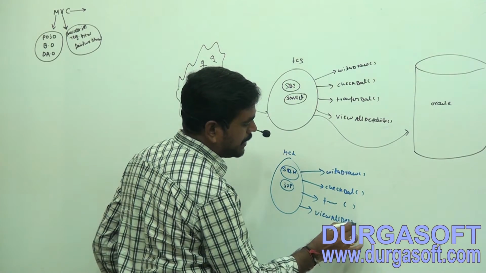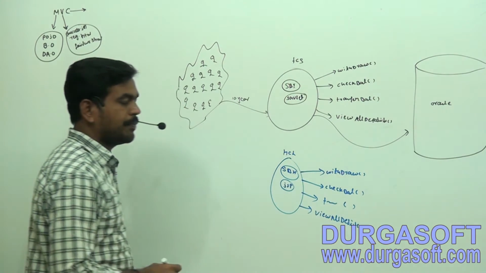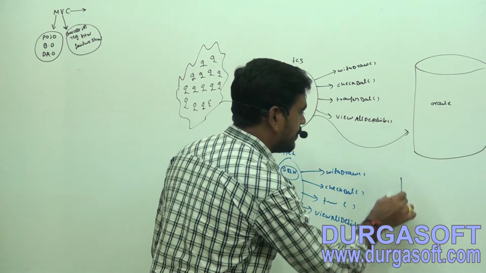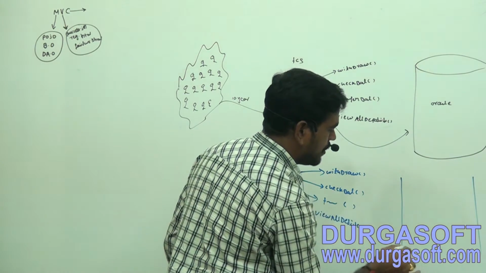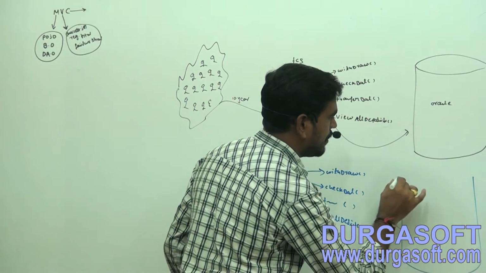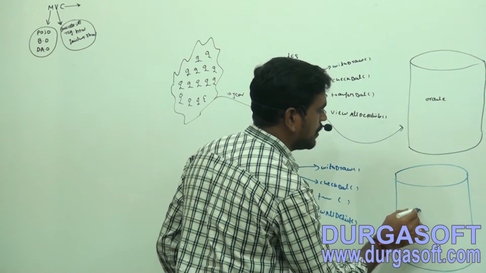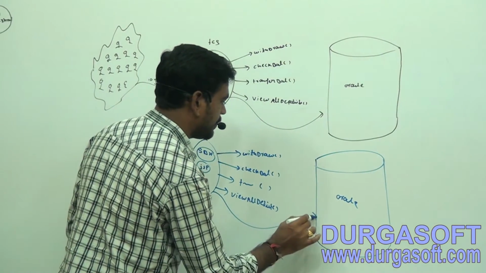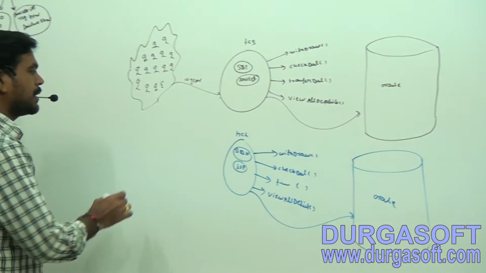Almost all banking applications have the same operations, or not? Yes, same operations. This also has one database. Whatever operations we perform, all of them affect the database.